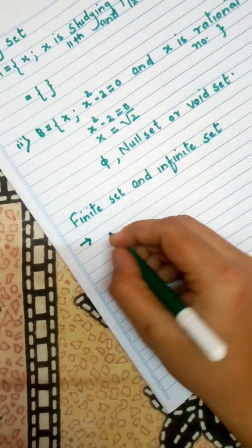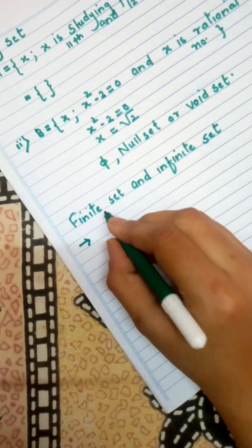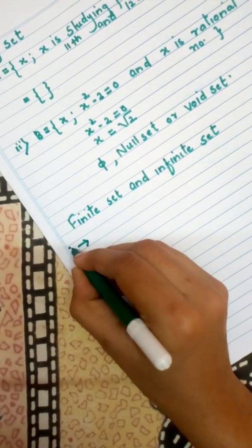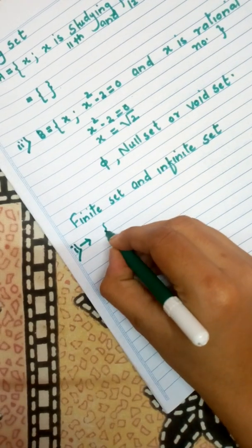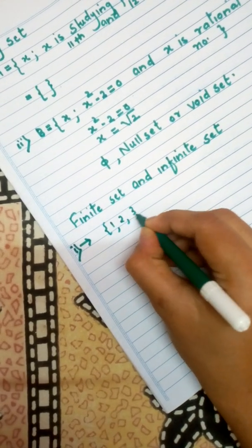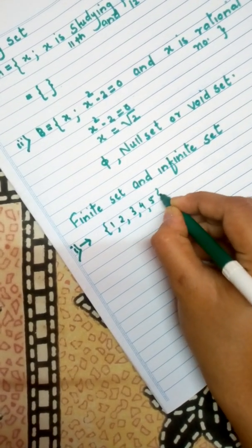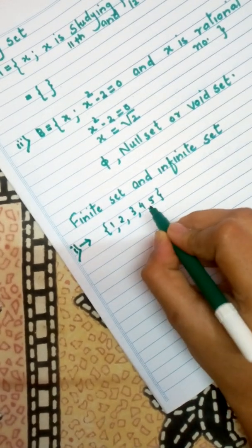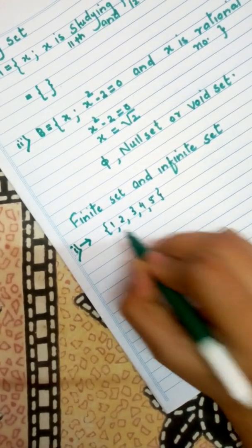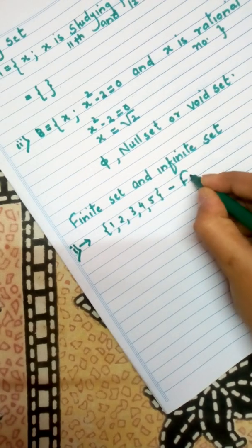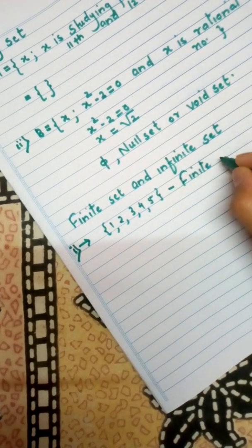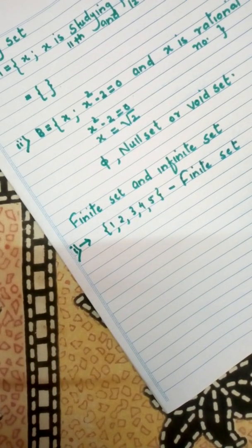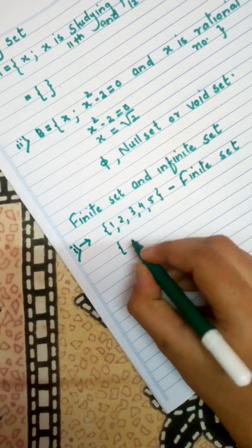Suppose we take an example of a finite set, that is {1, 2, 3, 4, 5}. This set has a fixed number of elements, therefore this set is a finite set.